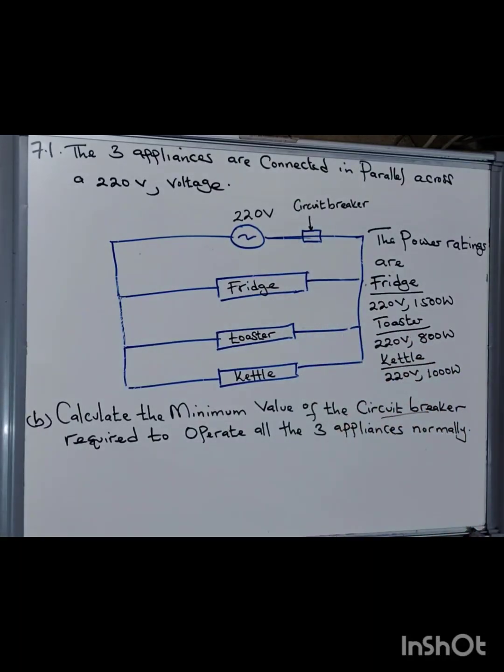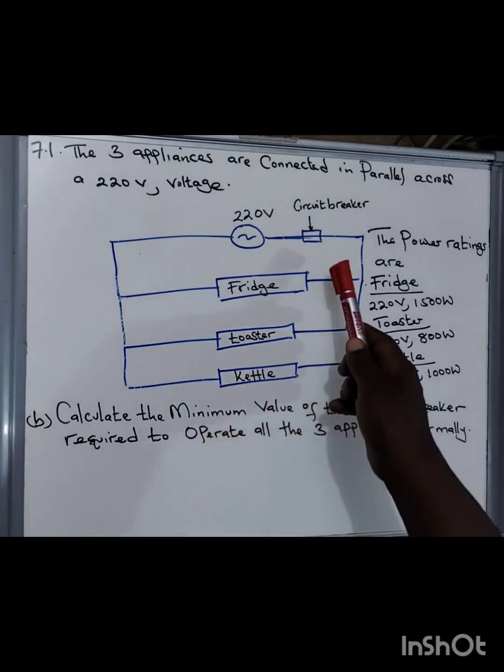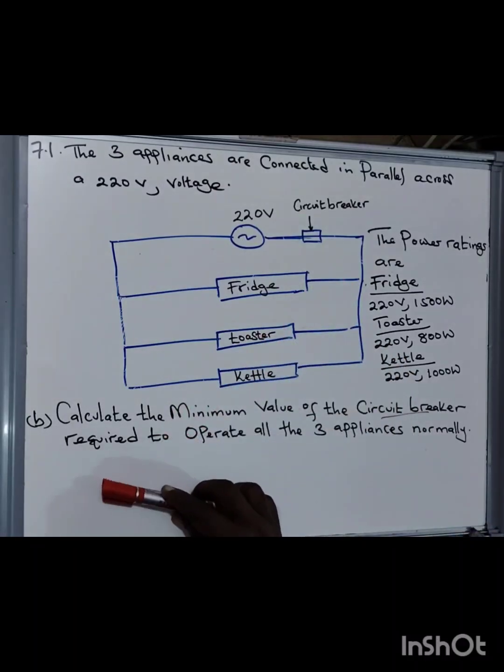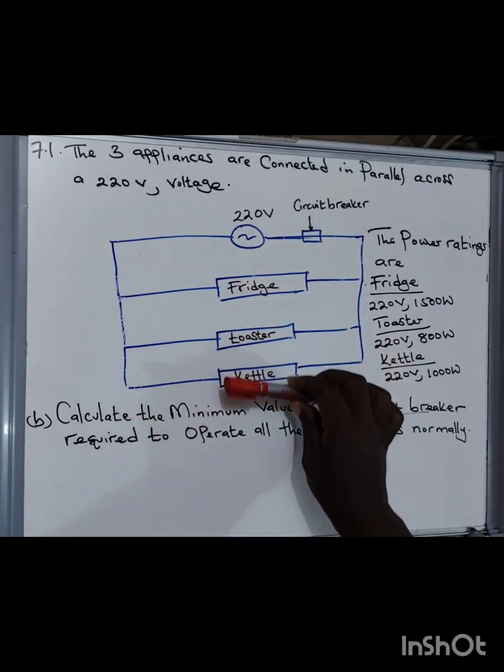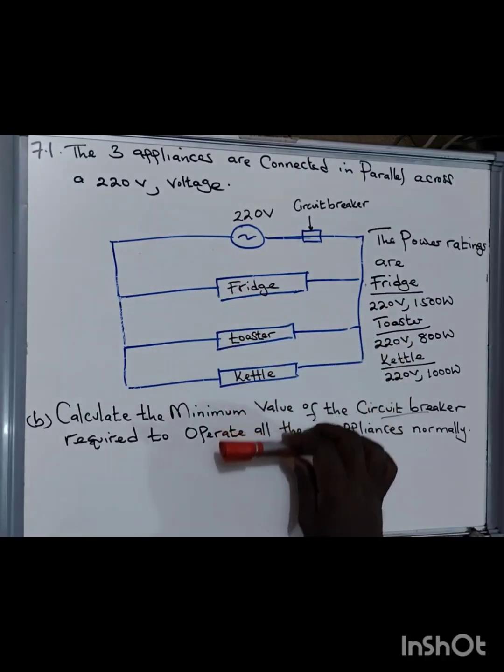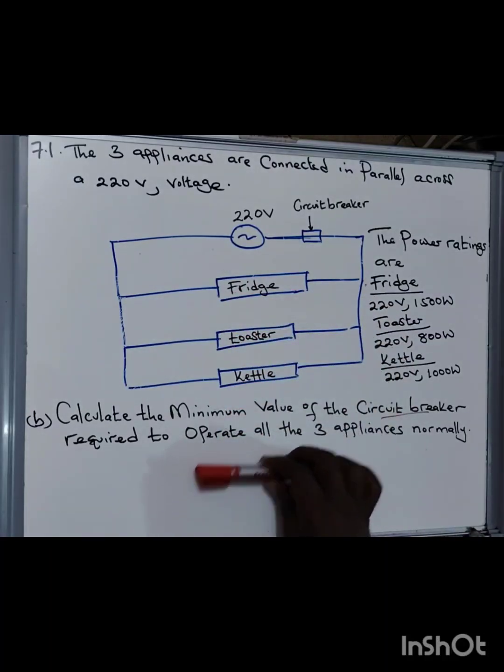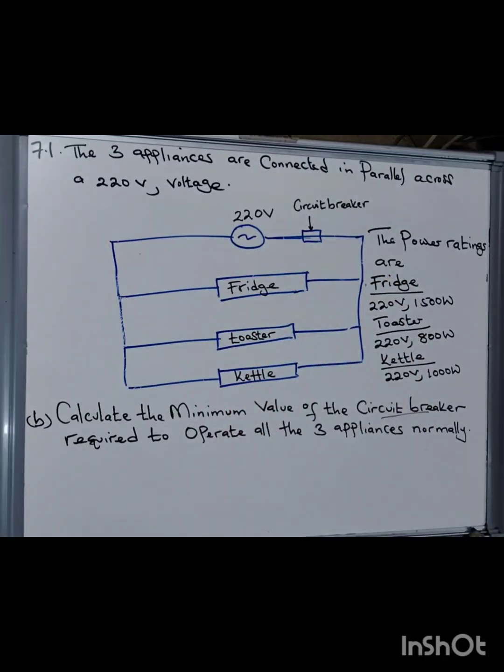What's the purpose? To protect the circuit. So, what are you going to calculate? The current which emanates from use of all the three devices. And that current will reflect the minimum value of the circuit breaker required.